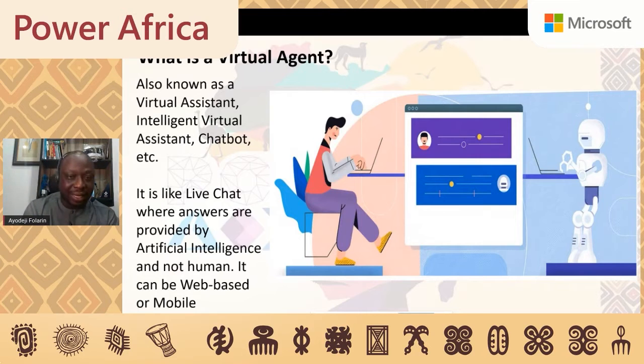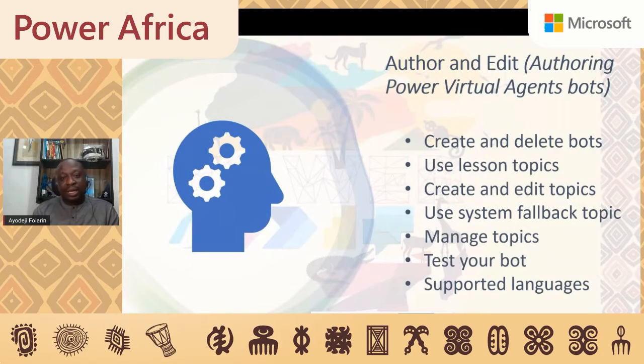Now, what exactly is a virtual agent? A virtual agent, also known as virtual assistant, intelligent virtual assistant, a chatbot, and so on. It is like live chat where answers are provided by artificial intelligence and not a human. This can be a web-based app or a mobile solution. So the first thing we're going to look at is authoring.